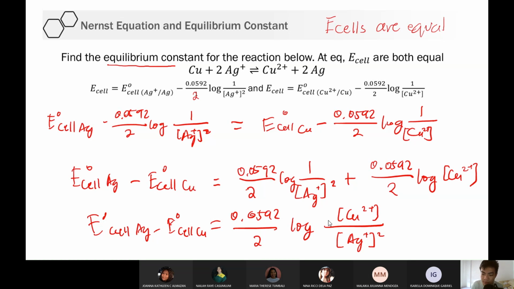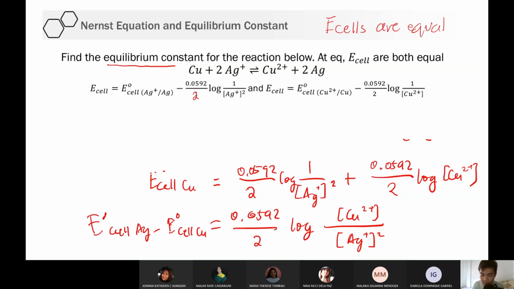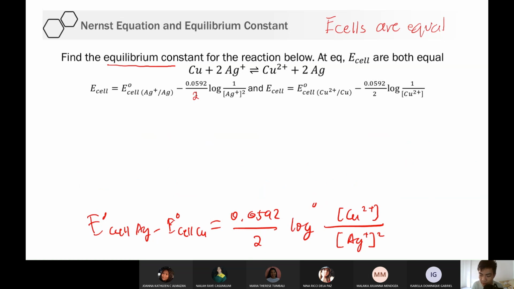Okay. So, di pa tayo tapos. Medyo mahaba yung solving dito eh. What is this, no? Ano yan? Copper 2 plus over Ag plus squared. That is the equilibrium constant for this reaction.